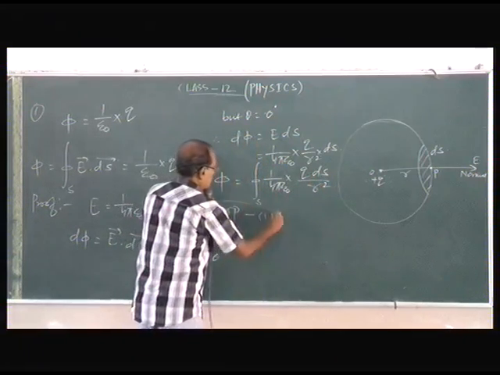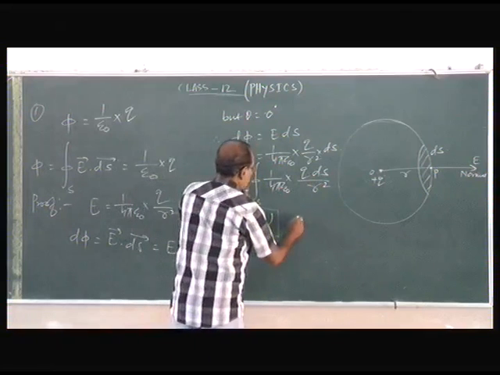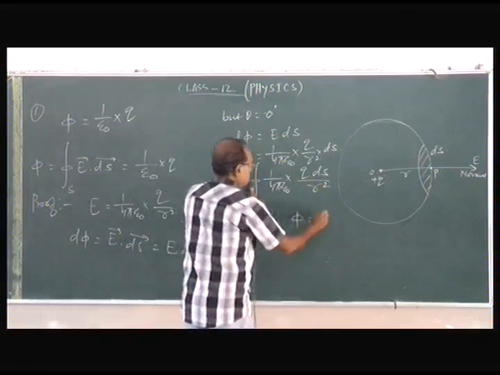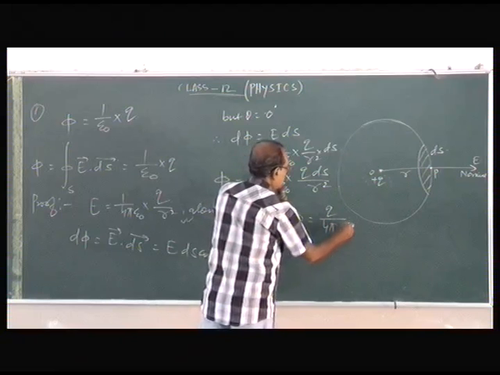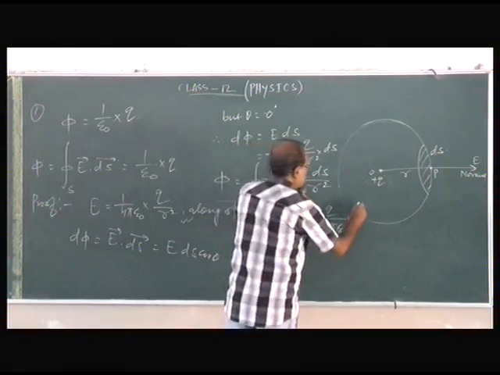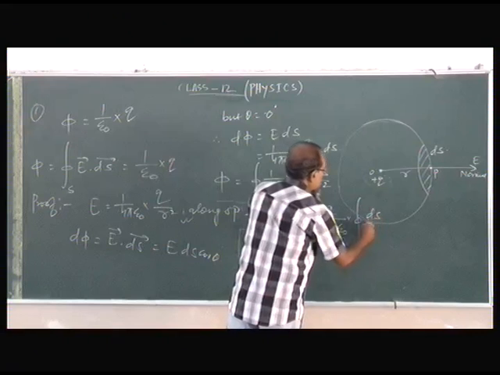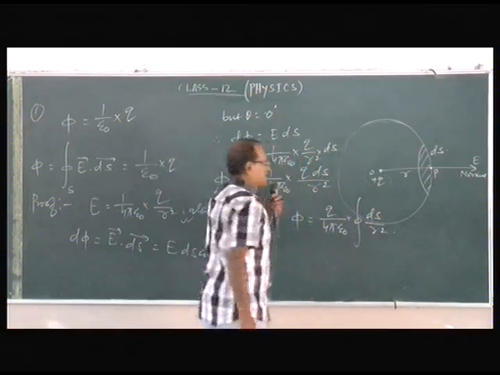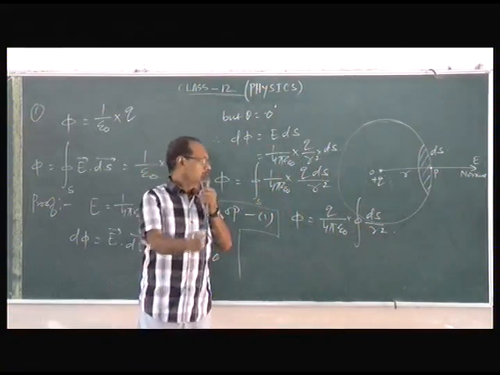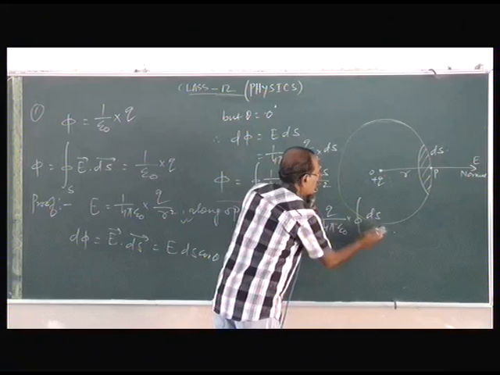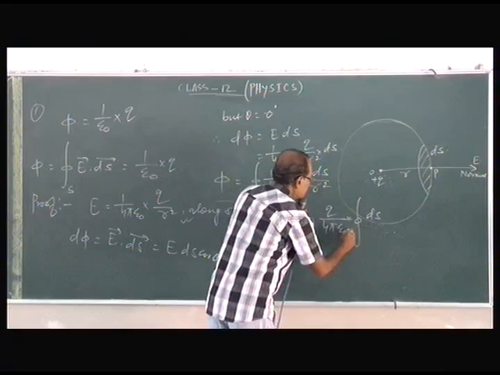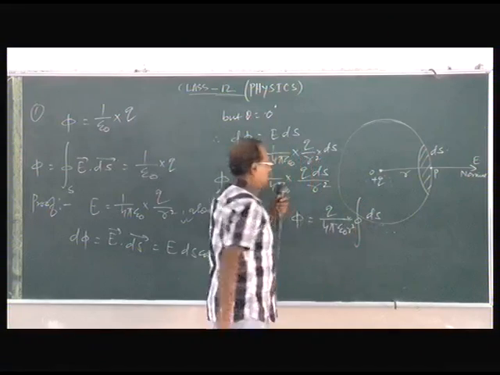Taking the constant terms out, phi is equal to Q by 4 pi epsilon naught into the integral of ds by R square. Also this R is constant because it is a regular surface.